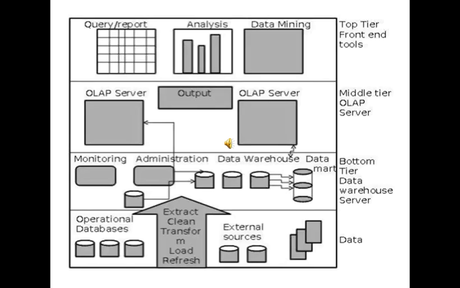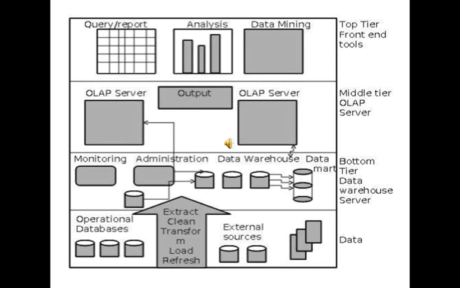Now, coming to the diagram, the architecture diagram has been shown in this slide with the top layer, middle layer, and bottom layer, and the last one shows the data. Slightly explaining this picture, the data is the operational database which is cleaned, transformed, and loaded into the bottom layer. The data can be available through many different external sources.